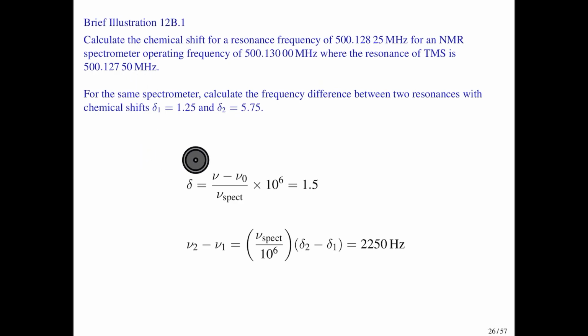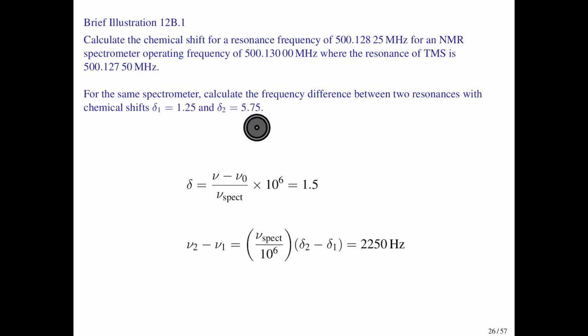So you take the expression for the chemical shift and you plug in the resonance frequency, you plug in the resonance frequency for the standard, divide by the NMR spectrometer's frequency, multiply by 1,000,000. That gives you a chemical shift of 1.5. So no matter what NMR you are using, that resonance will always be at 1.5 ppm. In the follow-up problem, for the same spectrometer, we're being asked to calculate the frequency difference between two resonances at these particular chemical shifts.